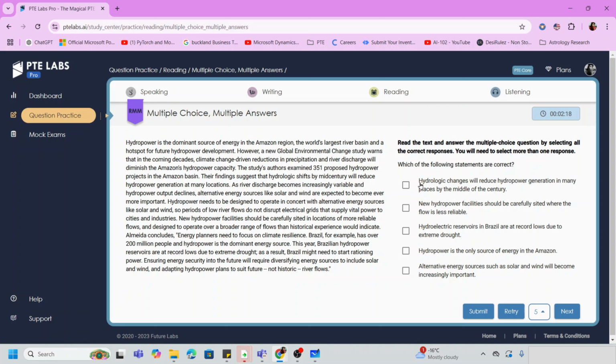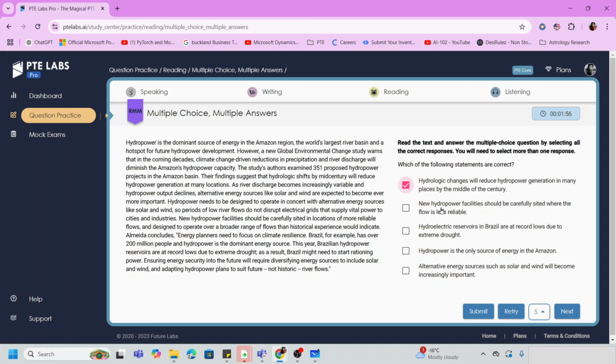Here it says hydrologic changes will reduce hydropower in many locations. We have heard something about mid-century, which is here. The findings suggest that hydrologic changes will reduce, so we got these words that it is reducing in many by mid-century. So it is good.